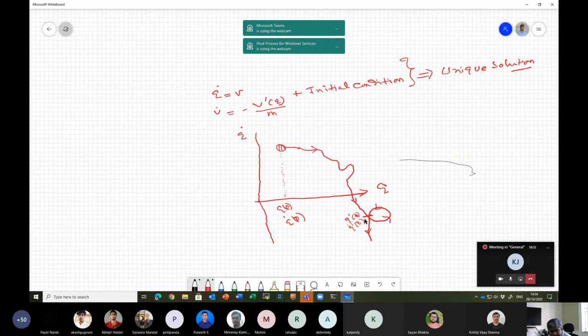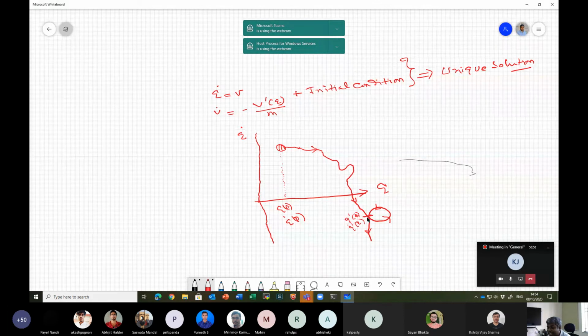Now, with this initial condition and the equation of motion that you have, you must get a unique solution, right? But you see here, if you go this way, you have two branches. One is going like that, another one is coming like that. Is it not? There are two possibilities, two solutions it can have.